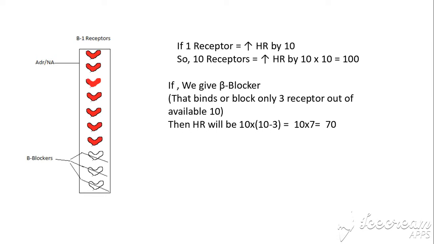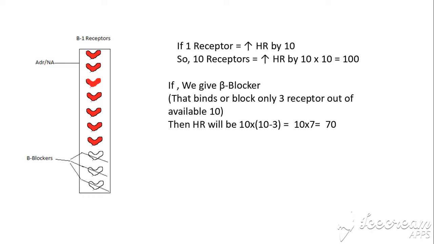Each receptor increases the heart rate by 10, so 7 receptors increase the heart rate by 10 multiplied by 7, which is equal to 70, because 3 receptors are blocked by the beta blocker. This is the general mechanism of action.